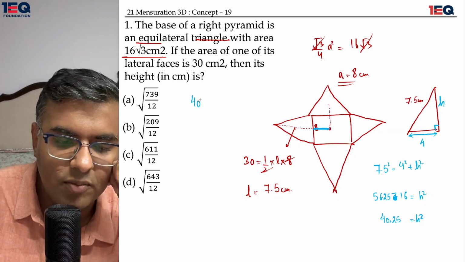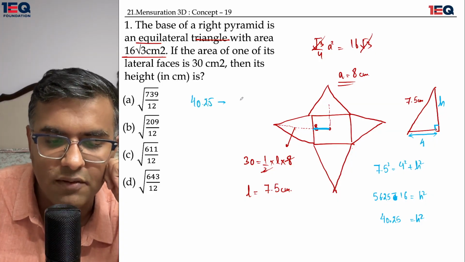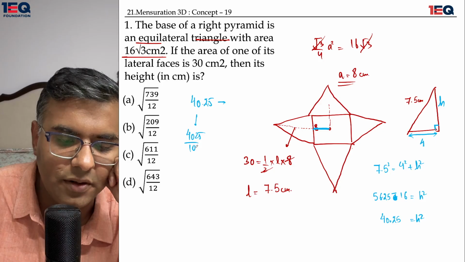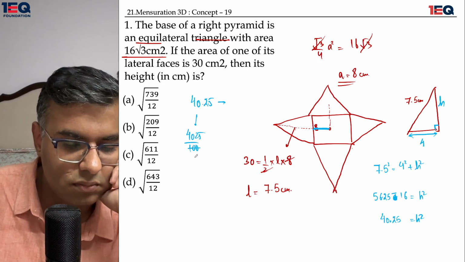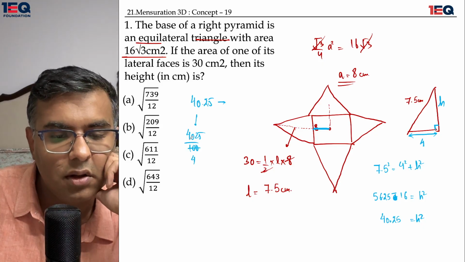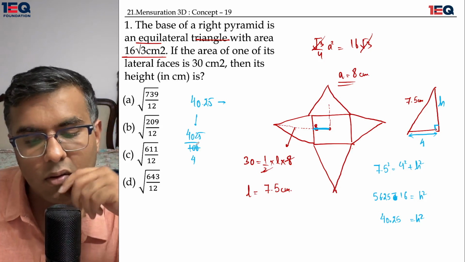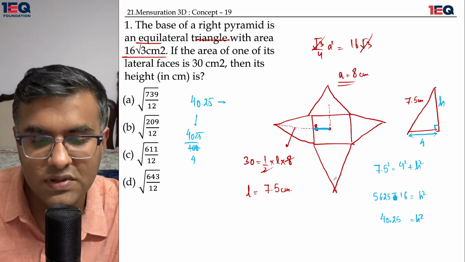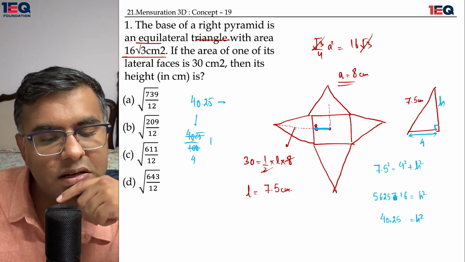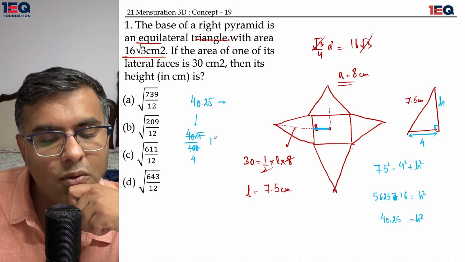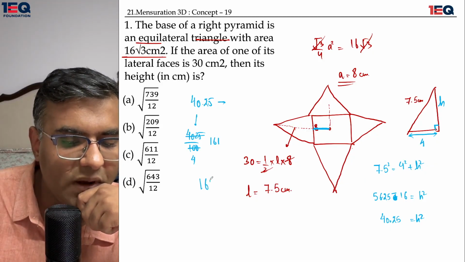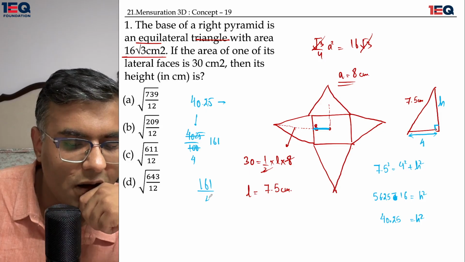When I have 40.25, I would convert it into 4025 upon 100, which simplifies, so I would get 161 upon 4.